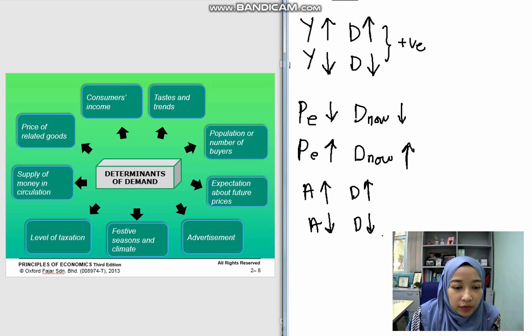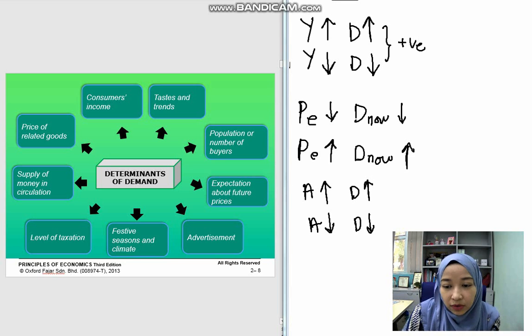Festive seasons and climate. A good example that I can use right now is that we are in pandemic season, and you can see that the demand for masks has increased during the pandemic. So this is the kind of season where the production of face masks will increase and the demand will increase. Same goes to hand sanitizer.